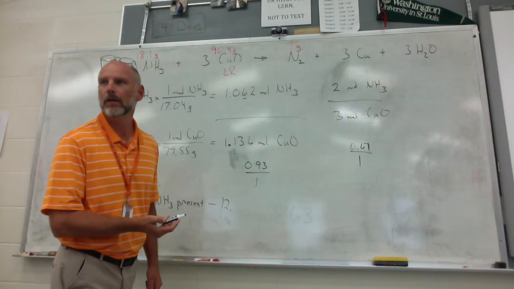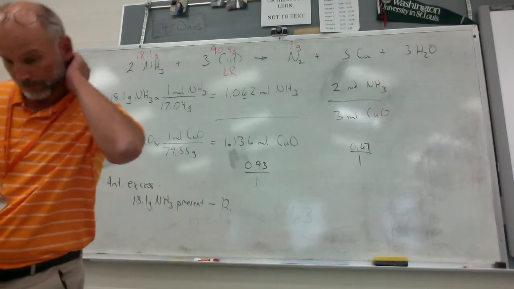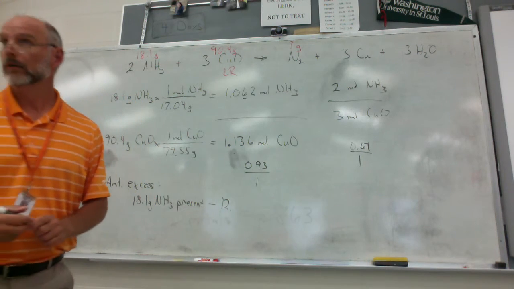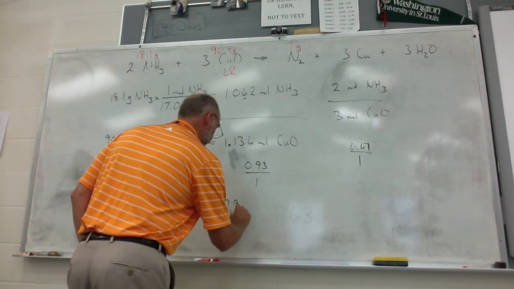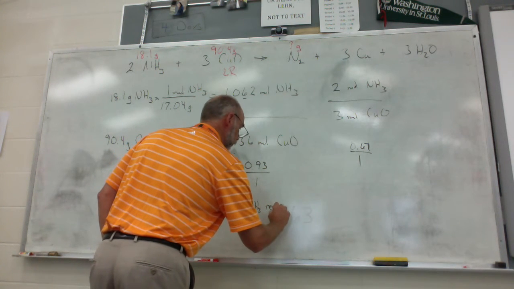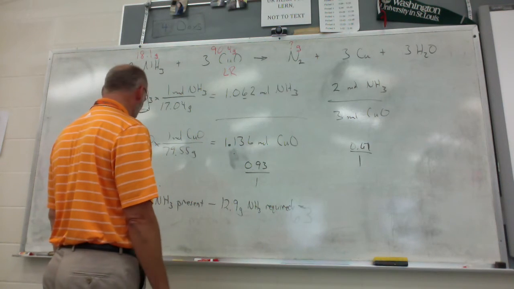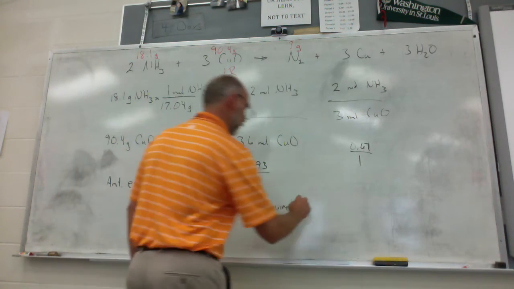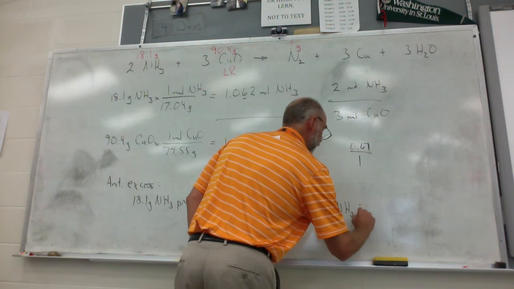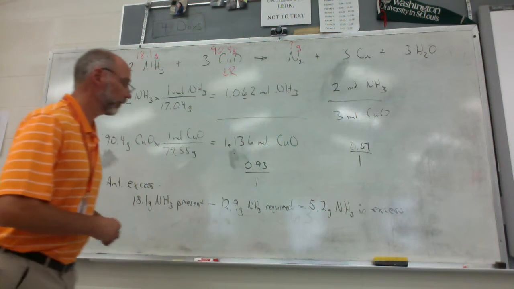I can't remember. Nobody did the green. What was it? 12.9. Okay. Minus 12.9 grams of ammonia required. And then obviously that comes out to be 5.2. And that's it.